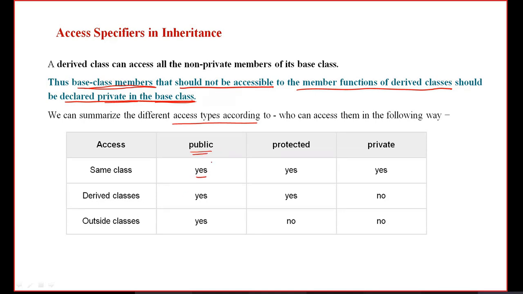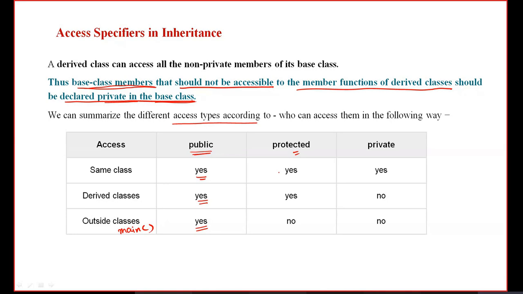If it is public, then the derived class can access it, so it is mentioned as yes. And if it is public, outside the class also such member functions and data members are accessible. Outside the class means from the main. Generally, we are trying to access such members from the main. If it is public inheritance, this is the case.